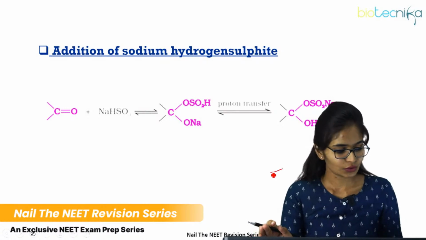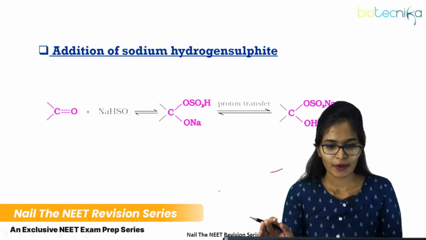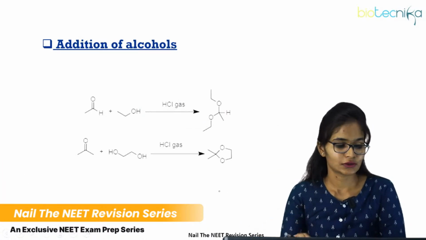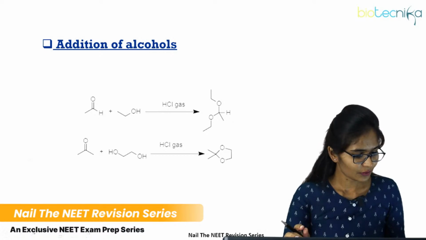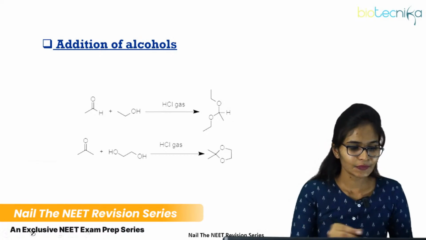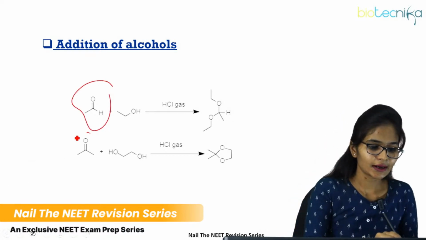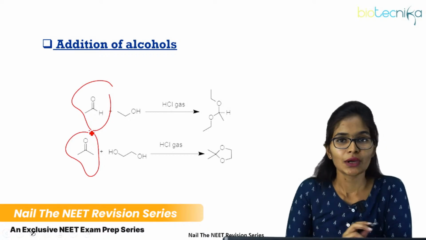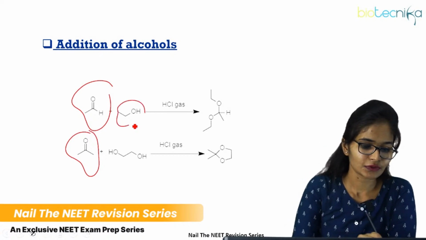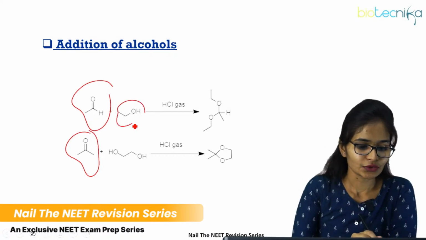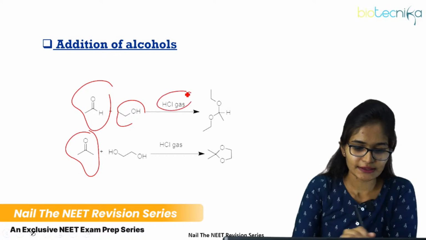Now coming to the next reaction, addition of alcohols. Here you have an aldehyde or ketone, and you have to treat it with alcohol. First you treat with alcohol in the presence of HCl gas.